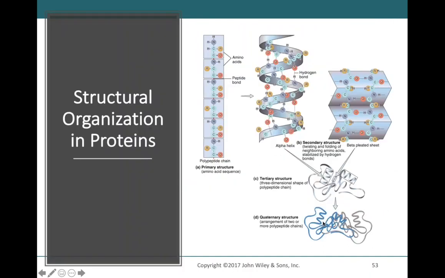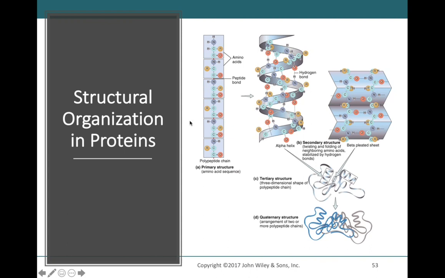Now, one of the most important concepts that we are going to study about proteins are the individual structural organizations of proteins themselves. So, I've constantly been saying since we've started this class that structure is correlated with function, and this is no different here with proteins. Proteins especially are going to receive their functions from their structures, and that's why we have a structural organization of our proteins.